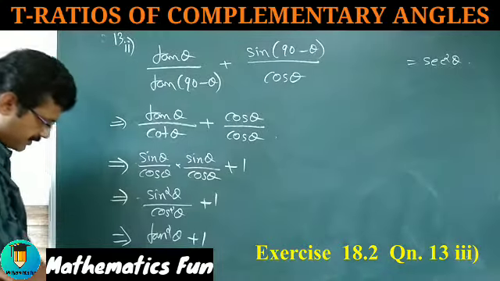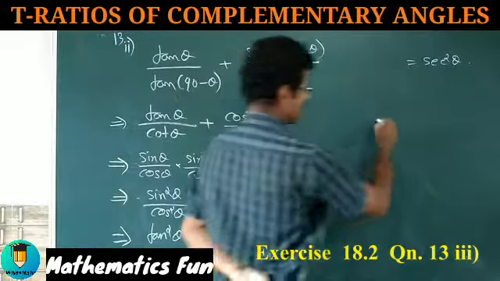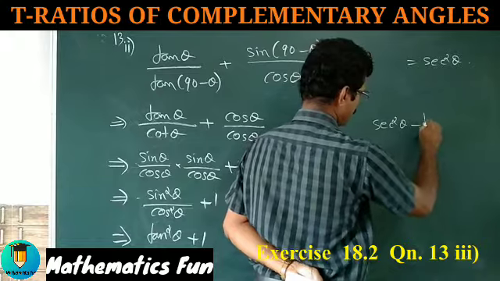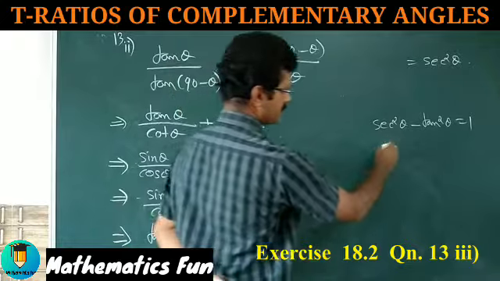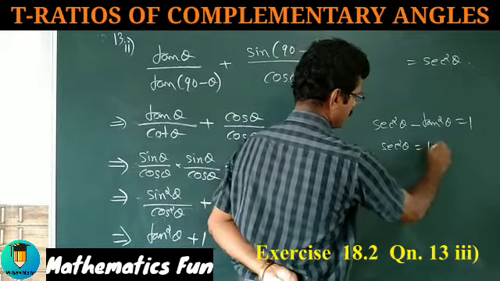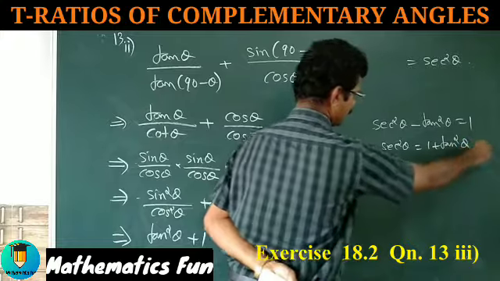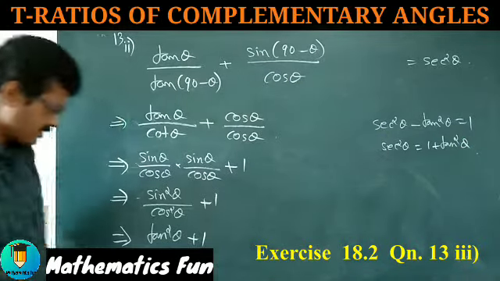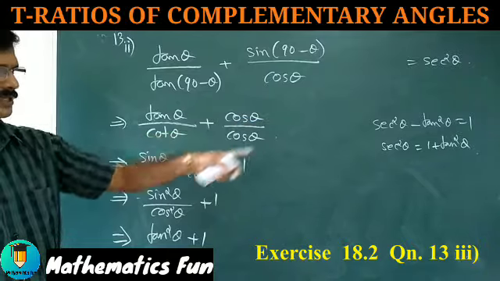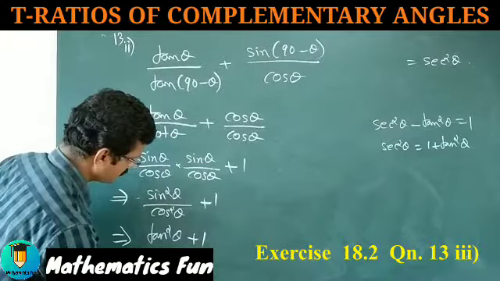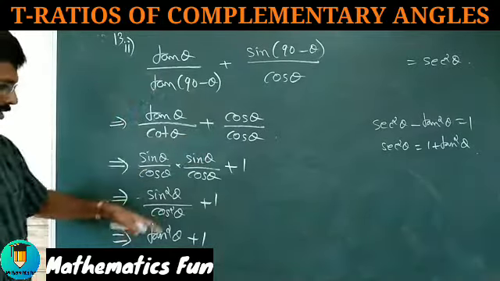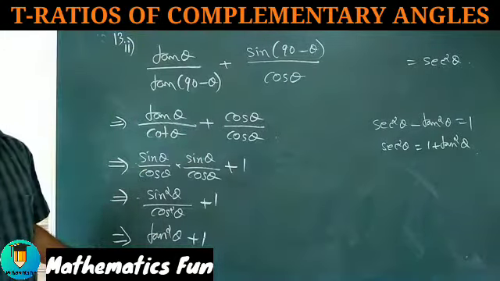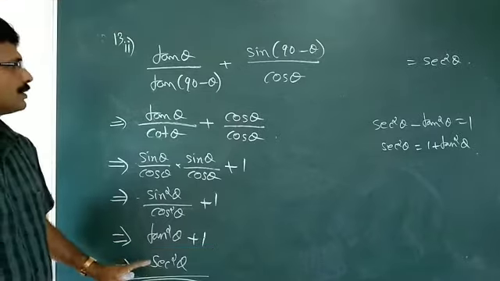By identity, sec square theta minus tan square theta is equal to 1, so sec square theta is 1 plus tan square theta. So 1 plus tan square theta I can replace with sec square theta, and that proves it. Okay, we will stop here.